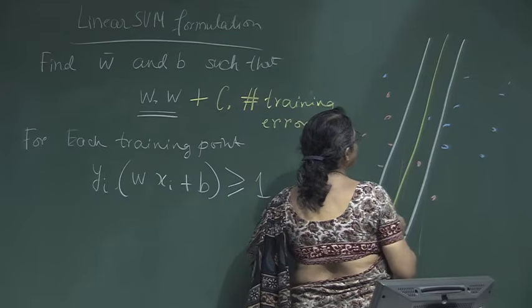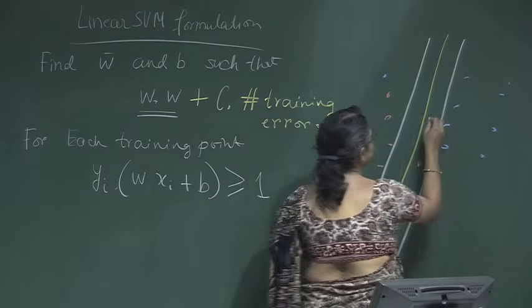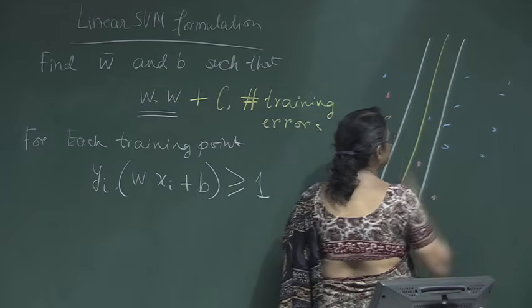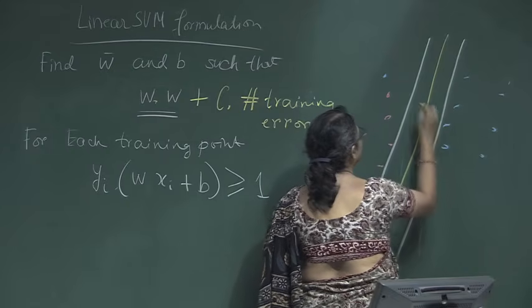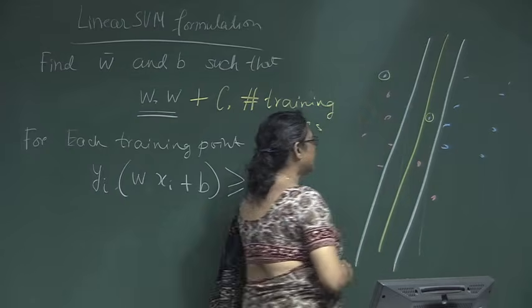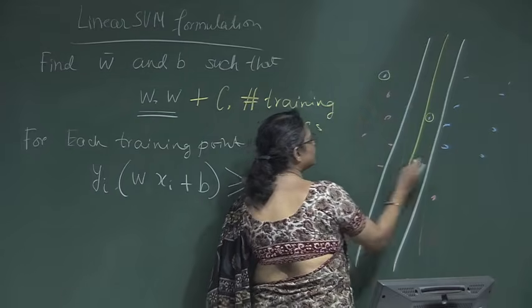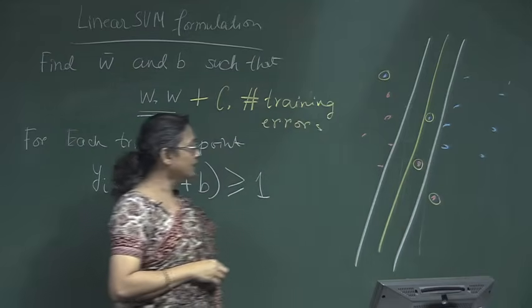So, we can see that for these points, we have an error. The blue points ideally should be on this side of the margin. So, we can see that this blue point and this blue point are in error, whereas this red point should be ideally on this side of the margin. So, these red points are in error, right.